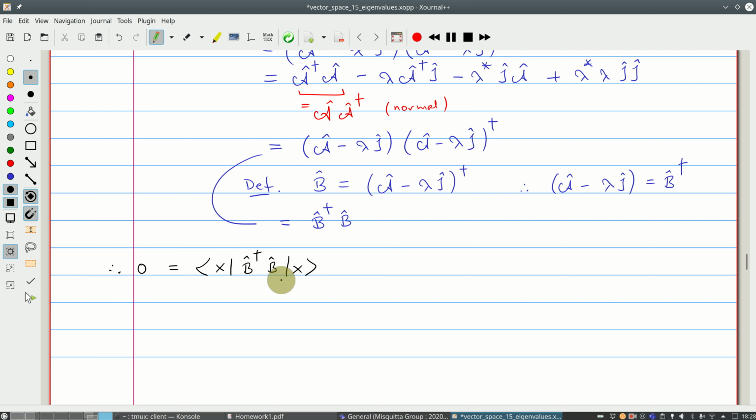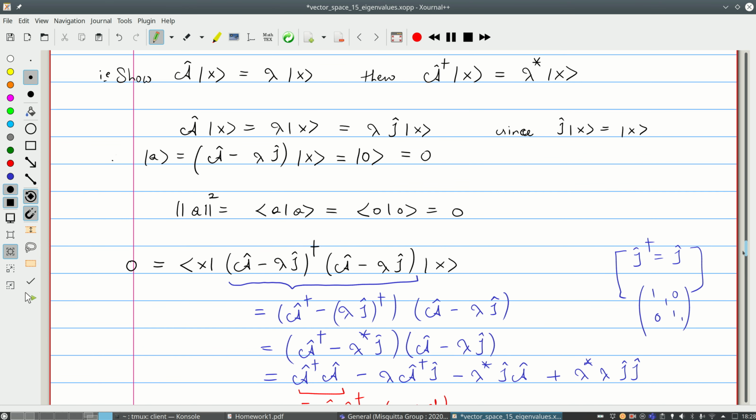Okay, and this, if you look at it now, this is the inner product. This is the norm squared of B operating on x. Let's go back to the definition of the norm squared.